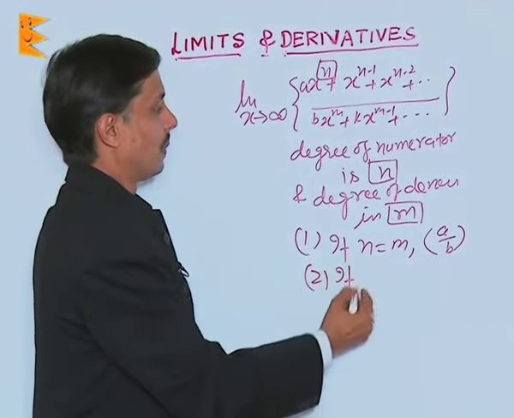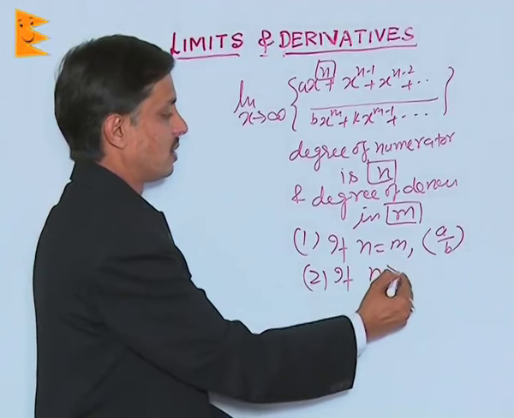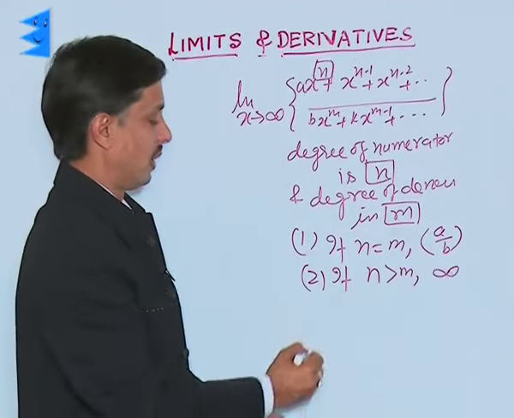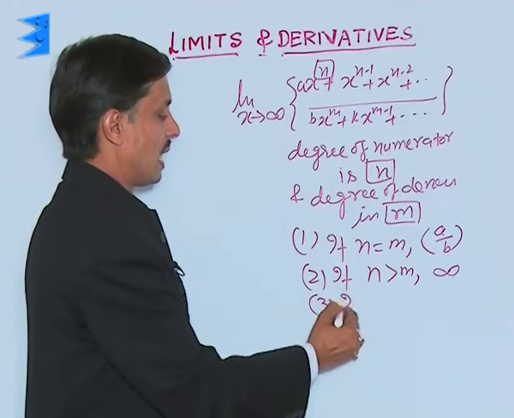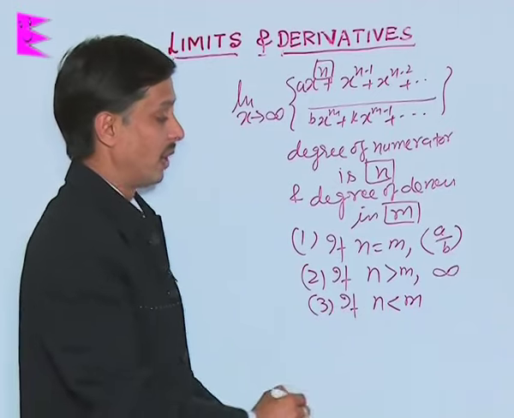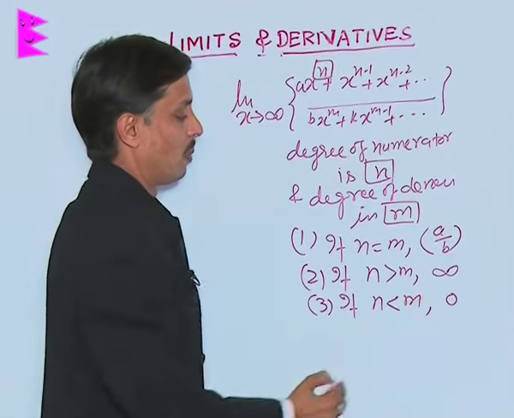Second situation: if the degree of the numerator is greater than the degree of the denominator, then the answer will be infinity. Third, the last: if the degree of the numerator is less than the degree of the denominator, then the answer of the problem comes out to be 0.